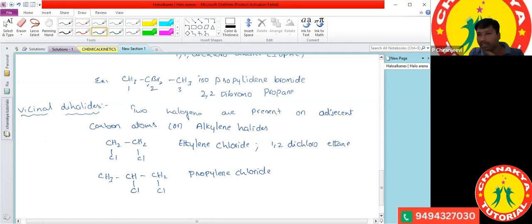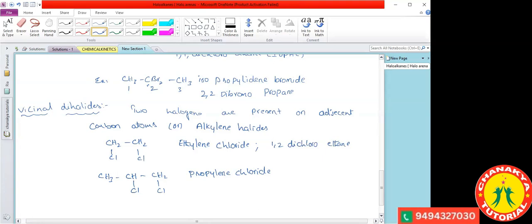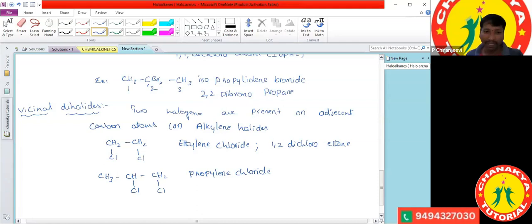You're telling it wrong. Not 2,3, sorry, 1,2. Very good, because the substituent has to get the least number. So we start the numbering from the right side, from right to left: 1, 2, 3. So we write 1,2-dichloropropane.